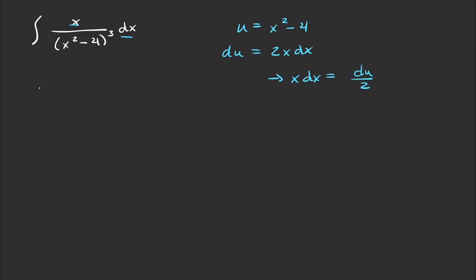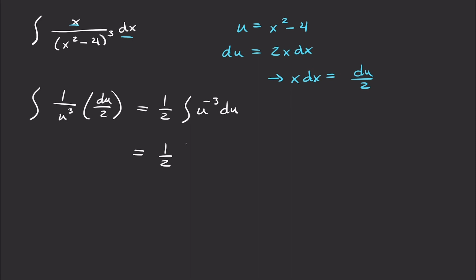And so we can rewrite this as the integral of 1 over u cubed, and then x dx will become du over 2. So we write this as 1/2 the integral of u to the minus 3 du, or 1/2, we need to increase our exponent, u to the minus 2nd divided by minus 2 plus c.